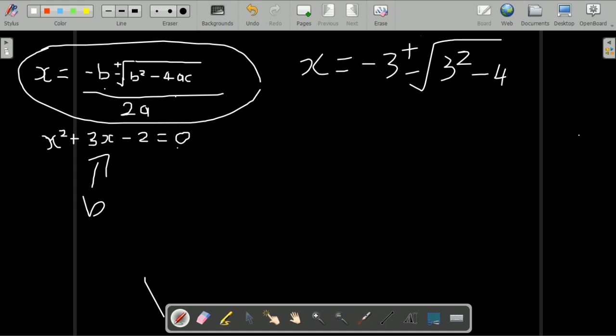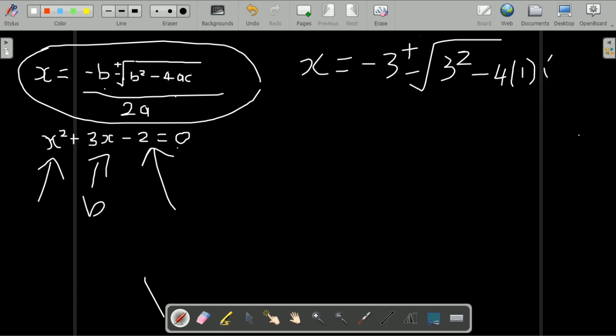Then a is the coefficient of x squared, so any letter you see without a number actually means a 1. You understand? So we put a small bracket, which is a 1, and a small bracket to cover it. Then c is our constant, which is a 2.